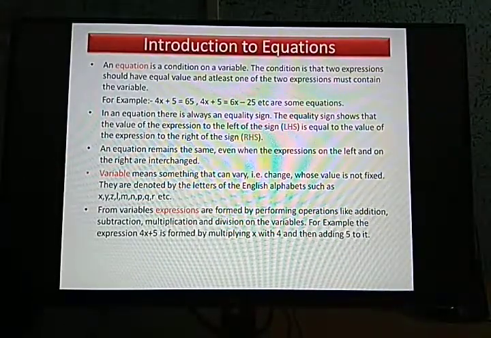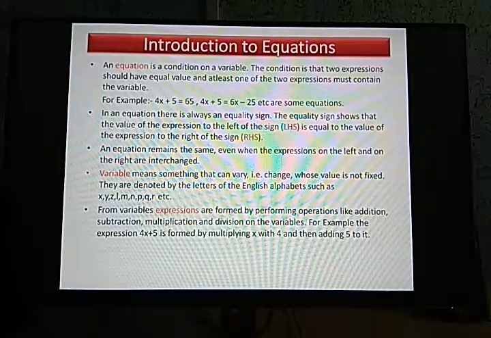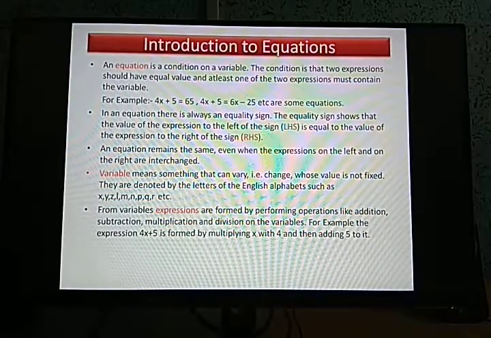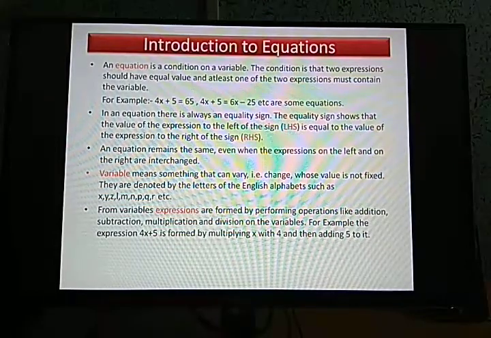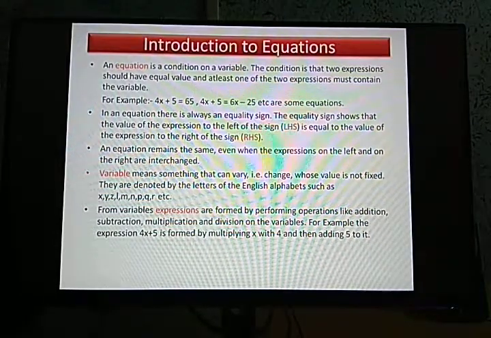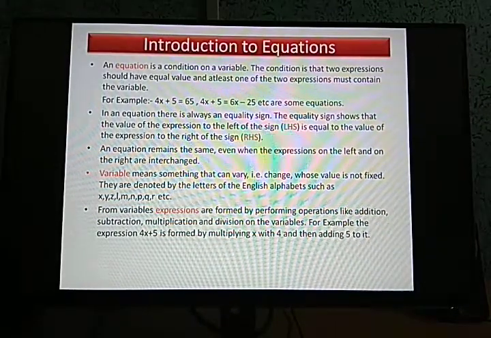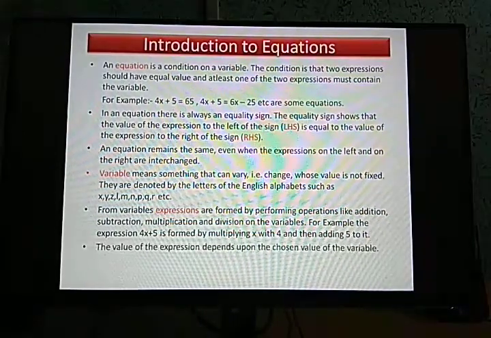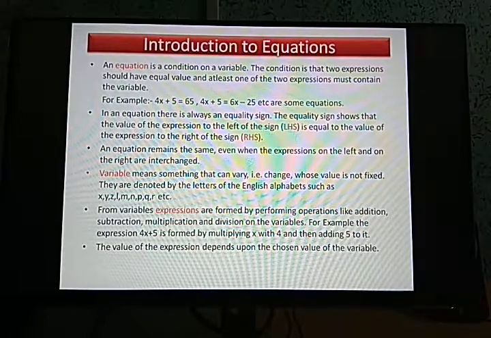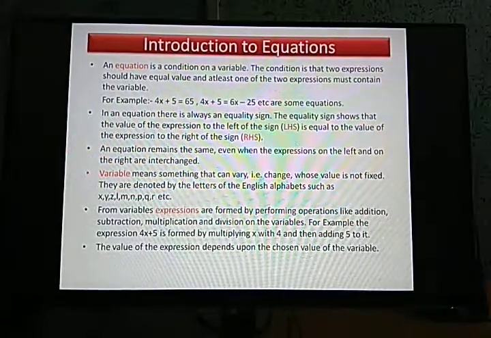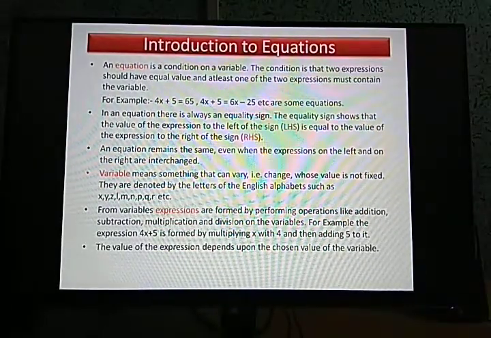So just for the time being, you know that an expression is formed with the help of variables, and along with that the 4 basic operations. Clear? Now next let us see. The value of the expression depends upon the chosen value of the variable. Yes, whatever value of the variable we choose, accordingly the value of the expression will come.